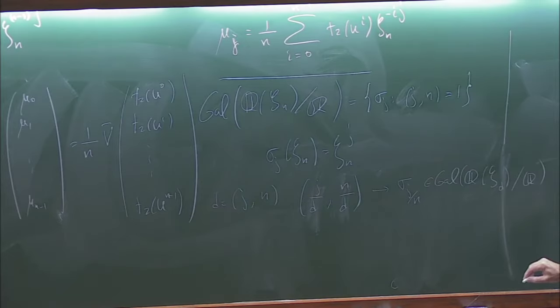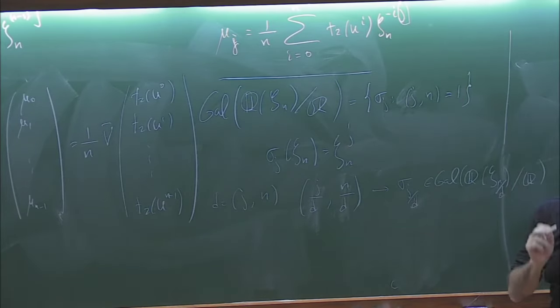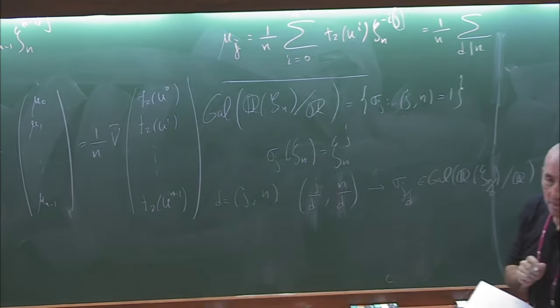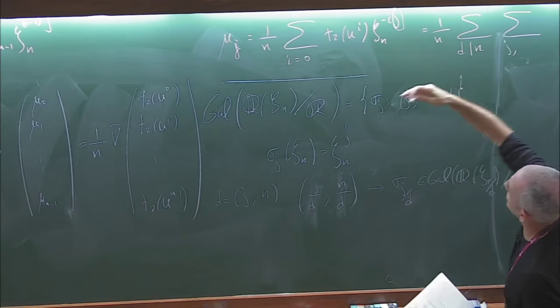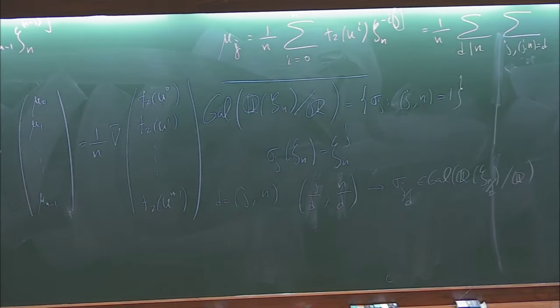Something is wrong here, of course. So sigma j over d is an element in the Galois group of Q(theta n over d) over Q. So if I classify the j's with the same greatest common divisor, I can first run over the divisors of n and then run over the j's from 0 to n minus 1 whose greatest common divisor with n is exactly d.